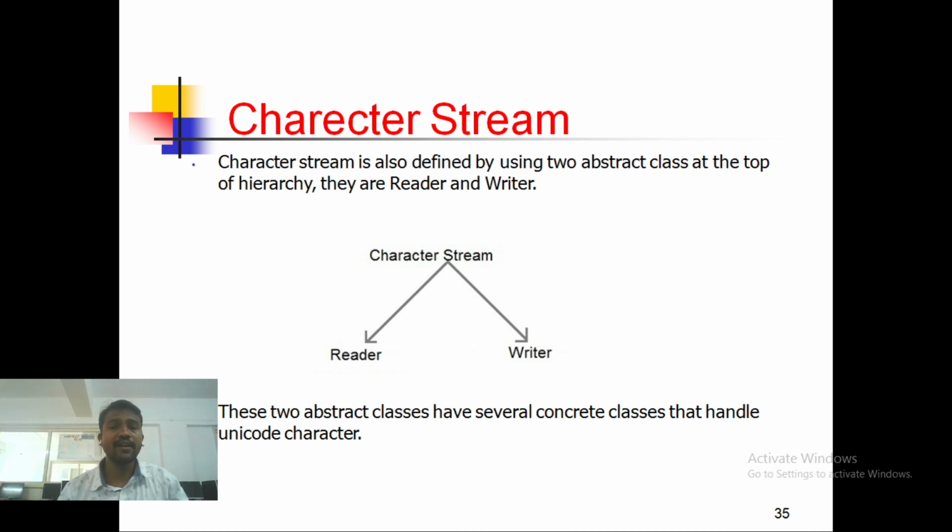The first one is Reader and the second one is Writer. The names themselves give you some idea about what they are. A Reader is an abstract class which is used to read from the source, and a Writer is again an abstract class which is used to write into the destination.